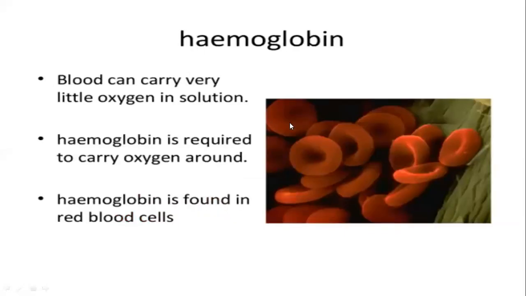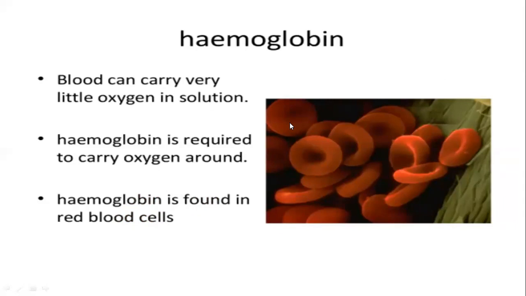And so as we rightfully mentioned, blood that has hemoglobin will carry oxygen. But it's also important for me to mention that hemoglobin, if it is in solution, will carry very little oxygen.